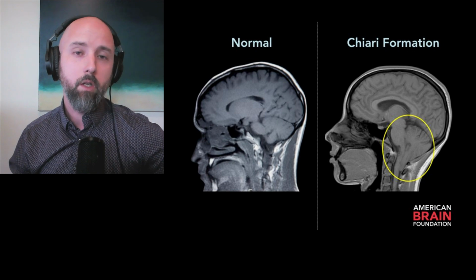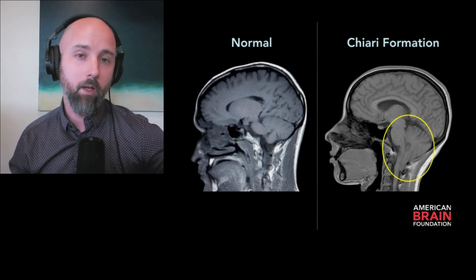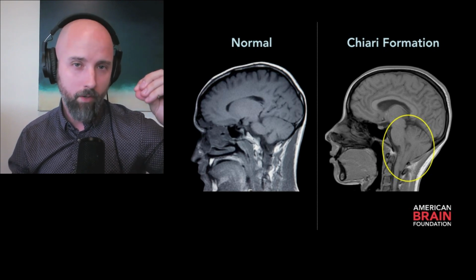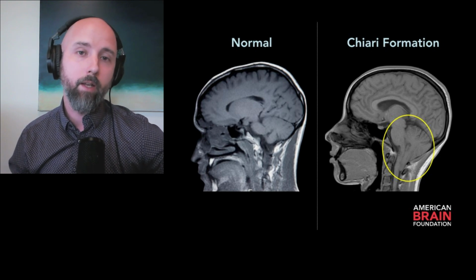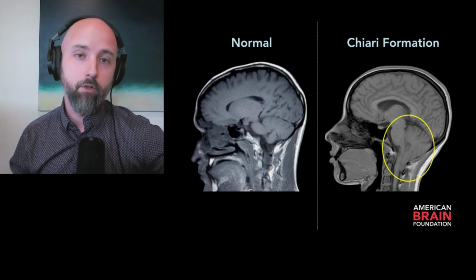In other words, you're born with it, right? Where parts of the brain known as the cerebellum, and some of the brainstem, start creeping down into the spinal canal, and it shouldn't be there. It's called Chiari malformation, and you need surgery to rectify it.